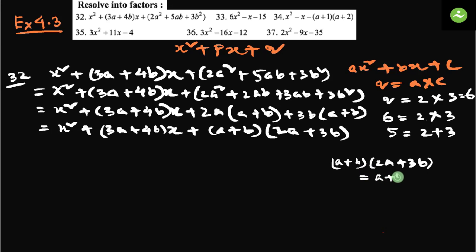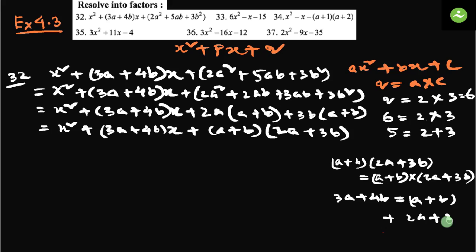One is a plus b and the other one is 2a plus 3b, and the sum of these two factors should be 3a plus 4b. Just we have to check 3a plus 4b equals the sum of these factors, (a plus b) plus (2a plus 3b). Is it correct? Yes, this is correct.